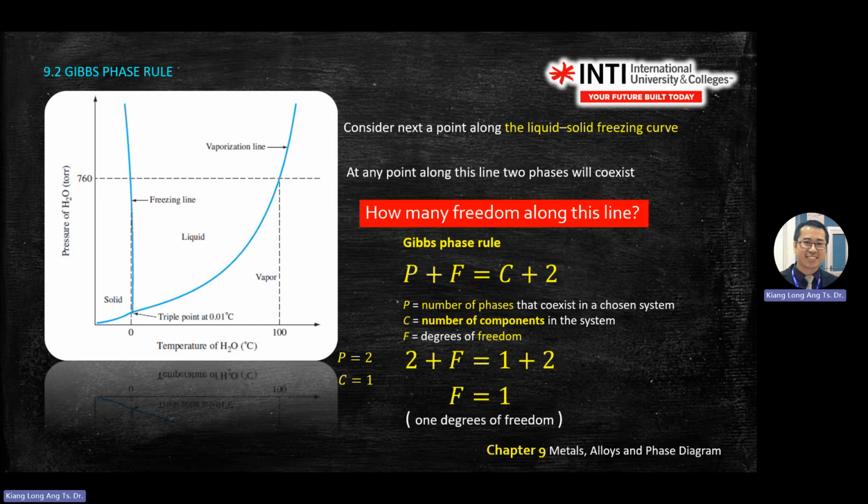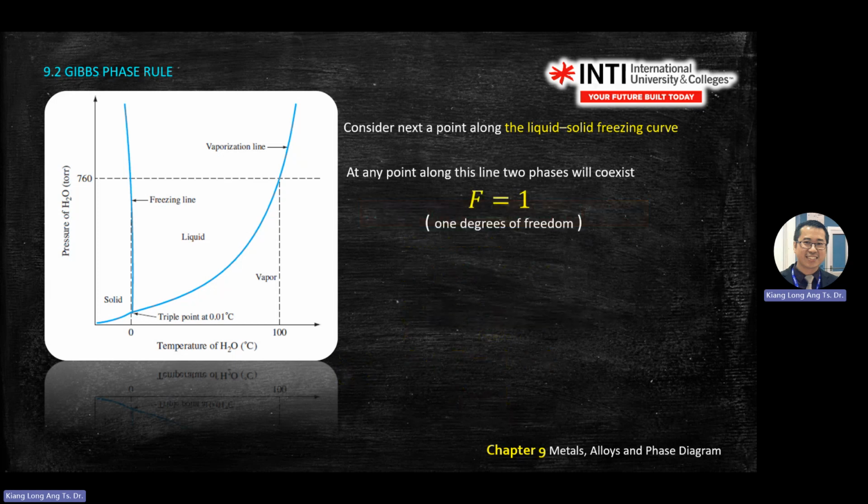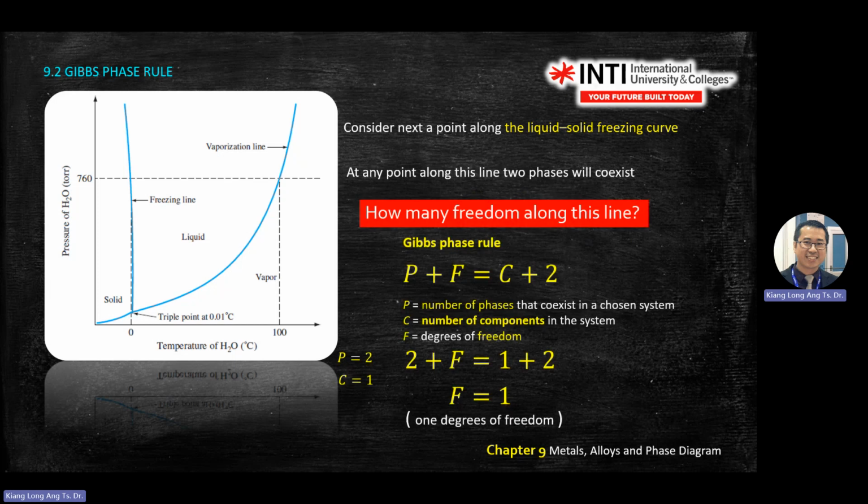So try to understand this one before you go into a real metal case. Yes, it will change to either solid or liquid. So for example, you fix pressure, let's say we fix at 760.